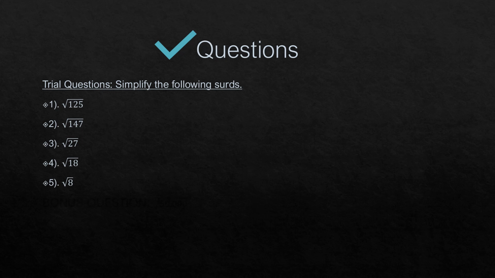Now this is a bonus question, a big one: the square root of 50,000. Try as much as possible to solve this question. Apply everything you've learned. No matter how huge the number is, applying the principle, no worries.